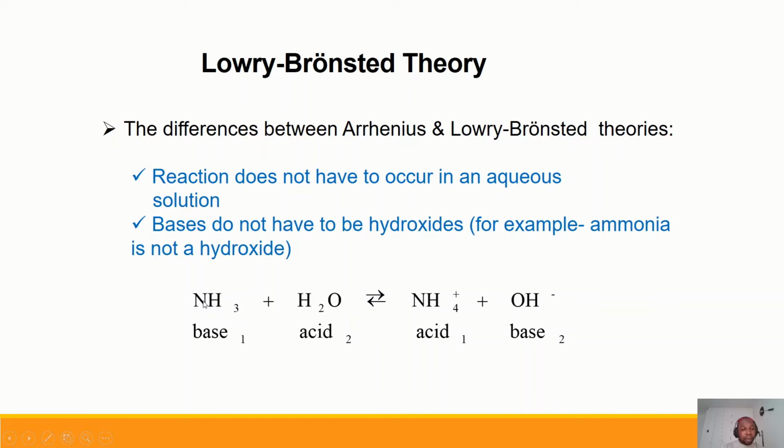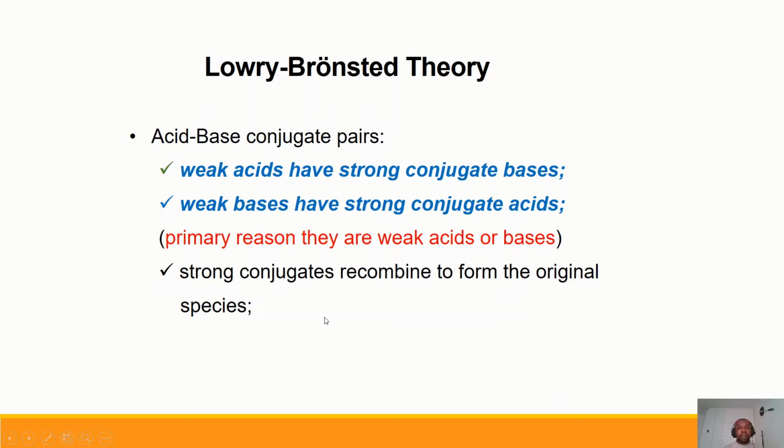So in this case, it's a base according to Lowry-Bronsted, because it's going to accept one hydrogen to become NH4 plus, and this OH minus is being liberated from the water.